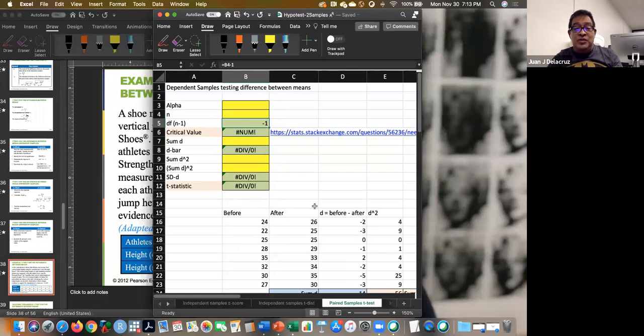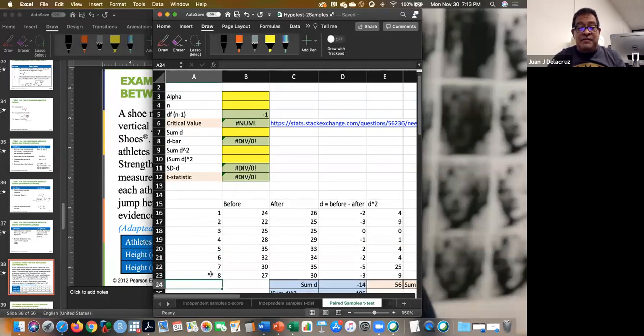The sample size, in this case, we have 1, 2, 3, 4, 5, 6, 7, and 8 people, right? So if I have 8 people, I'm going to use the sample size here, 8, and then the degrees of freedom is going to be 7. In some cases, some of these values are attached to the number of cells. So be aware of that.